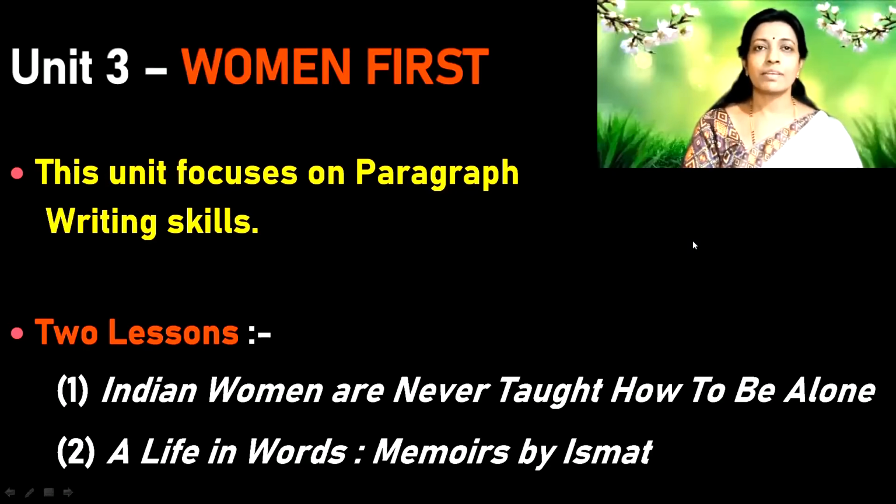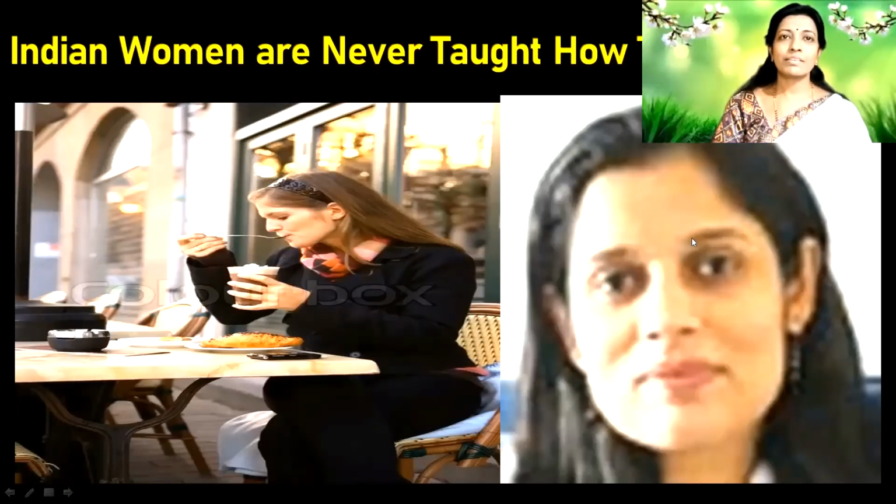The first lesson in the third unit is titled Indian Women Are Never Taught How to Be Alone. And the second lesson is A Life in Words, Memoirs by Ismat. In the first lesson, the writer Kavita Rao discusses what problems she had to face when her husband went abroad.